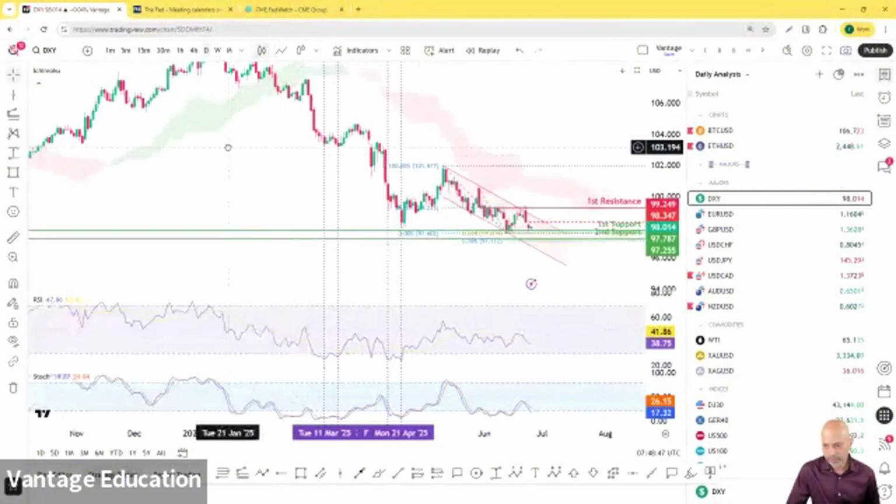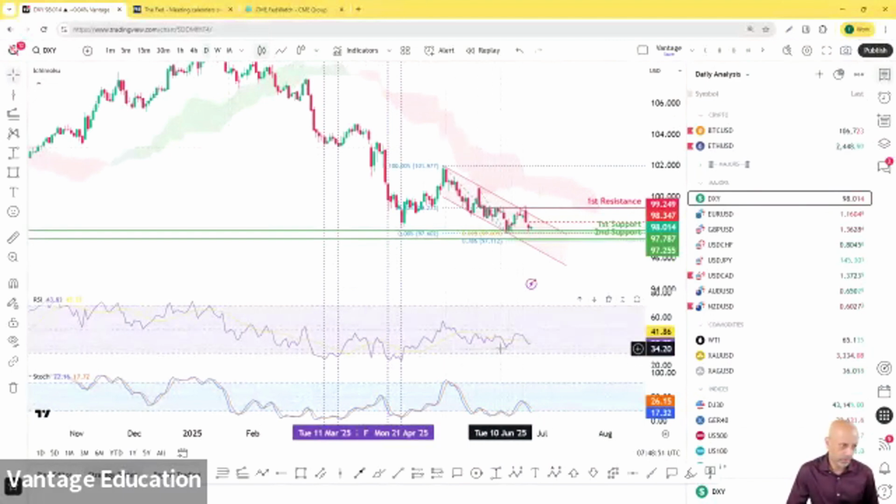So take note, right? We don't really see any major or clear oversold conditions just yet, although we do see the stochastic oscillator dropping as low as 9 since the beginning of June, but RSI has only managed to hit about 36, right?